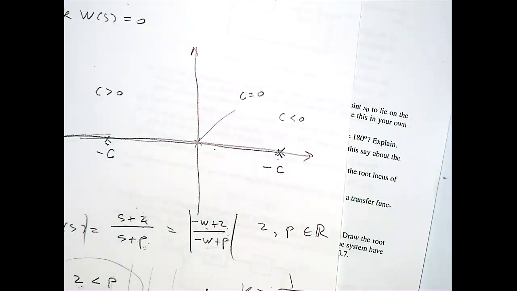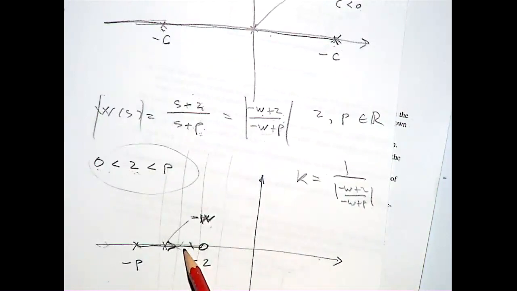What is the gain that corresponds to this location of closed loop poles? So I say this is the location of the closed loop pole, a point on the root locus. Every point on the root locus corresponds to a certain gain.